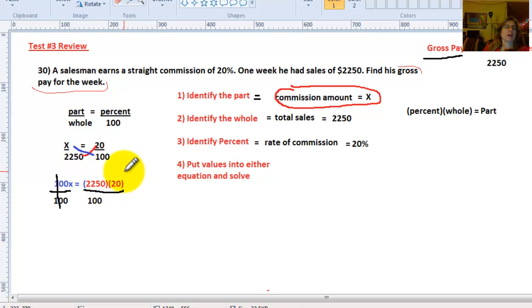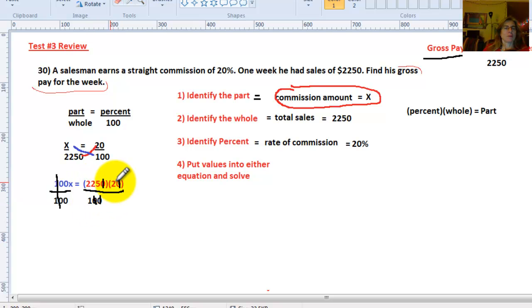So we can simplify the calculation a little bit. We can divide 100 by 10, take that 0 off, and divide 20 by 10. We can also divide this by 10 and that by 10 again.